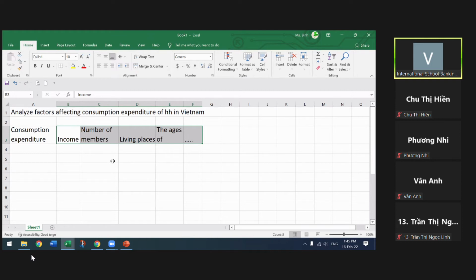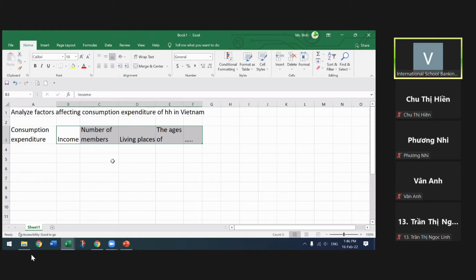And literature review is one of the most important parts of a thesis. So I will talk about this later when I show you how to write the assignment or the research paper for the course.